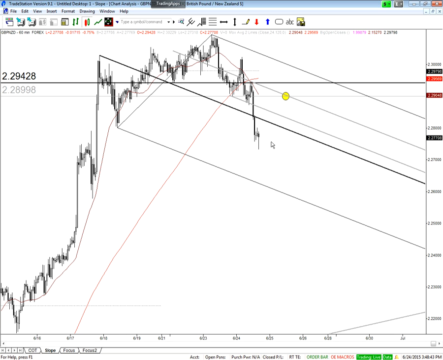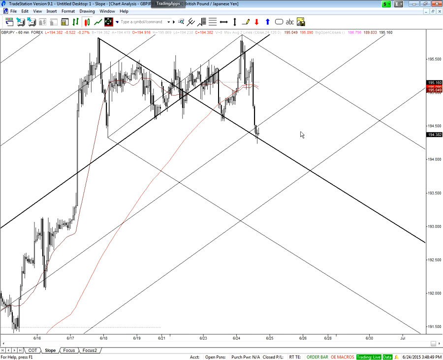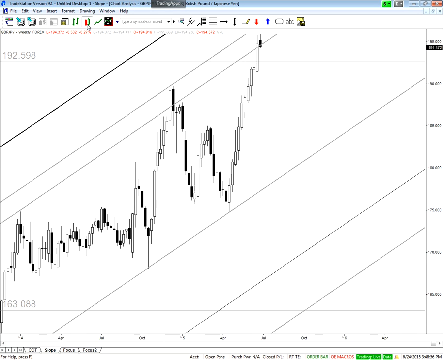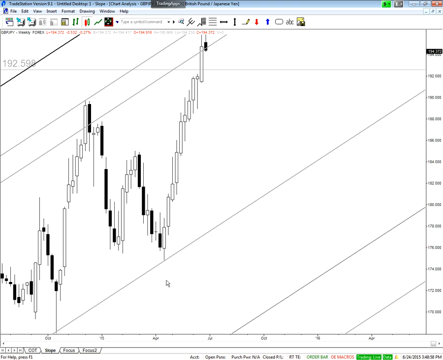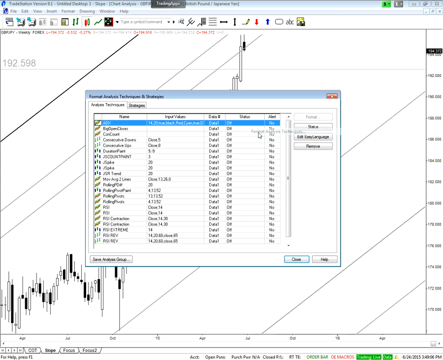Finally, another one to look at is pound yen. Now remember, pound yen, for the first time, at least since 1998, because my data does not go before 1998, you've got 1, 2, 3, 4, 5, 6, 7, 8, 9, 10 consecutive up days.